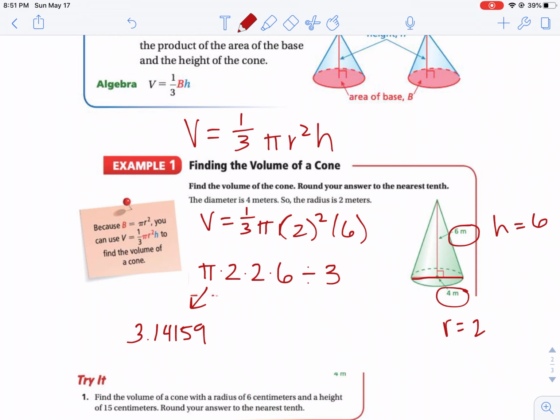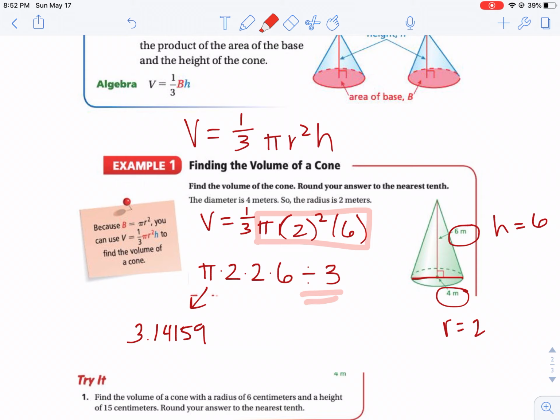If you have a fraction button on your calculator, you can just type in 1/3 times pi times 2 times 2 times 6, depending what calculator you're using. But the other way to do it is to type in this portion and then divide that by 3, which again is the same thing as multiplying by 1/3.